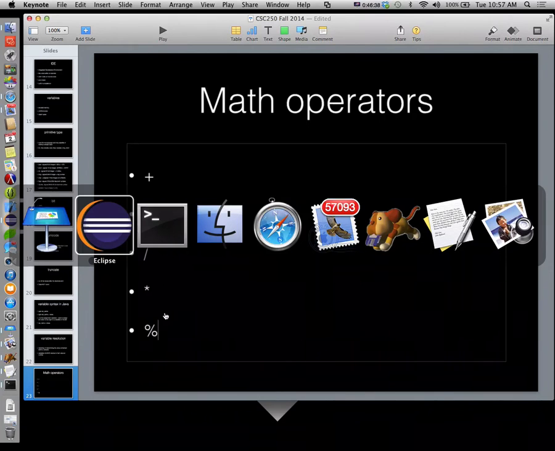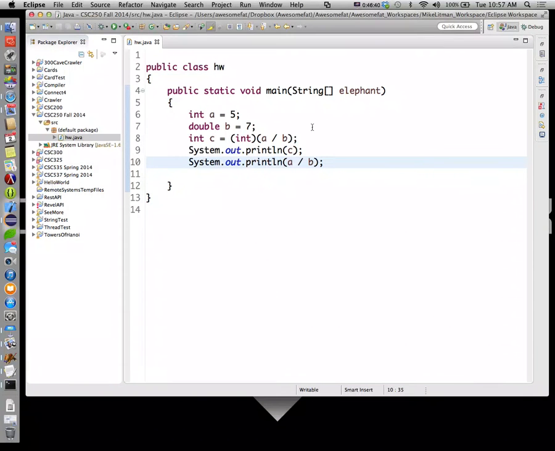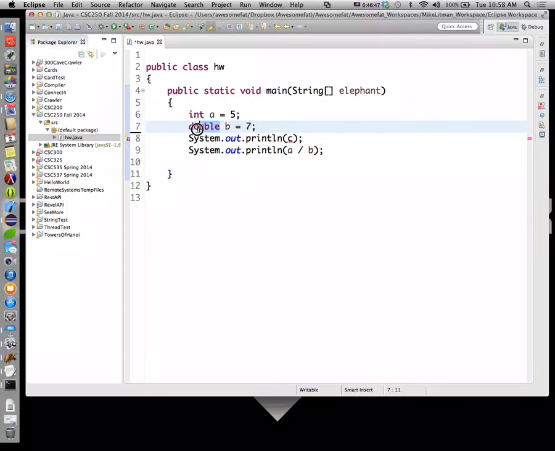I'll show you this as an example. So let's go ahead and get rid of C for a second here, and we'll change B back to an int. And we're going to print out A divided by B, which is a 0. And we'll print out A mod B, which should be the remainder of that integer division.